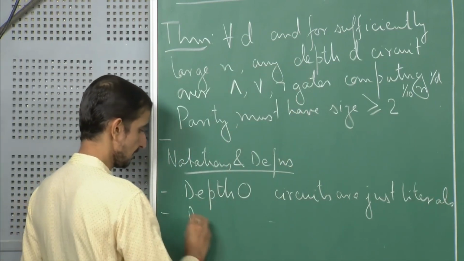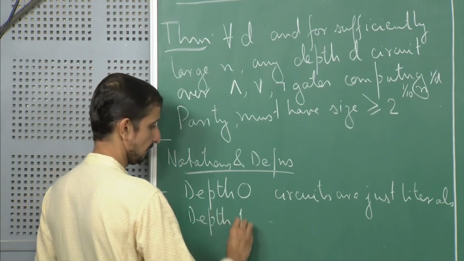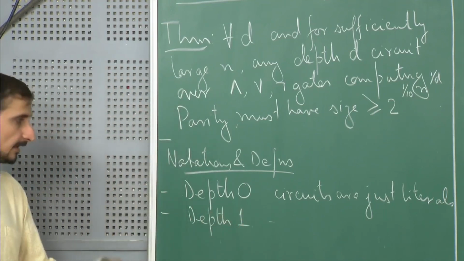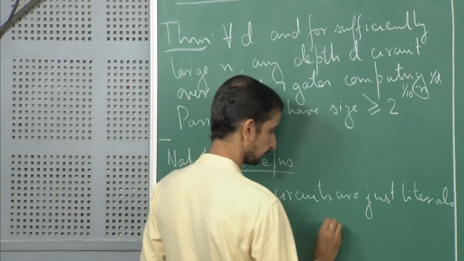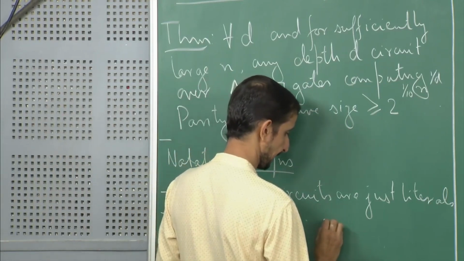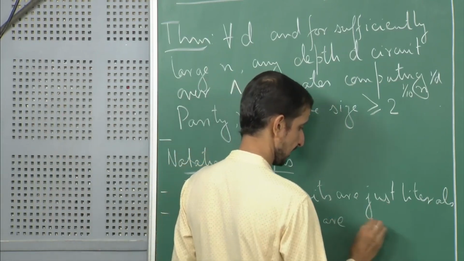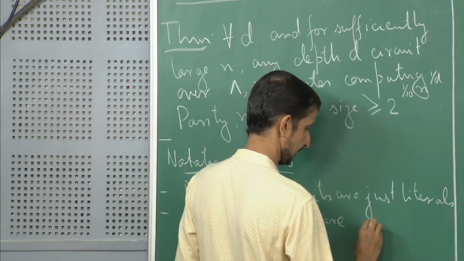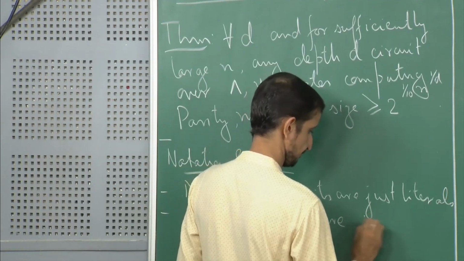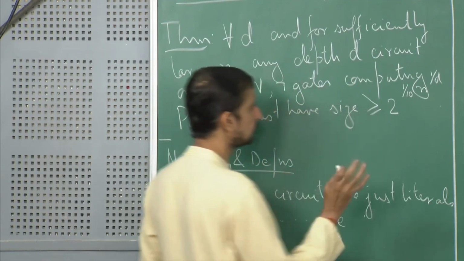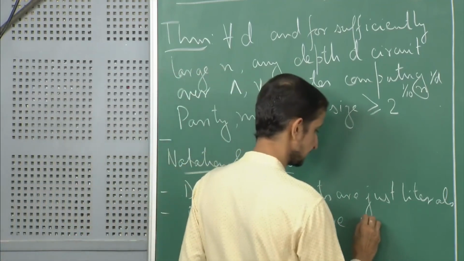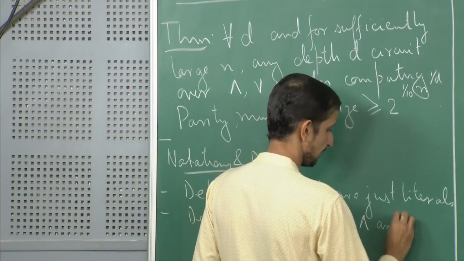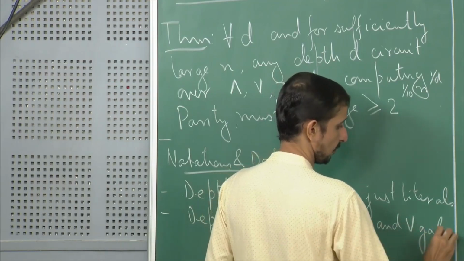Depth 1 circuits are, well, we are always talking about unbounded fan-in gates over here. So, they are just AND or OR gates.